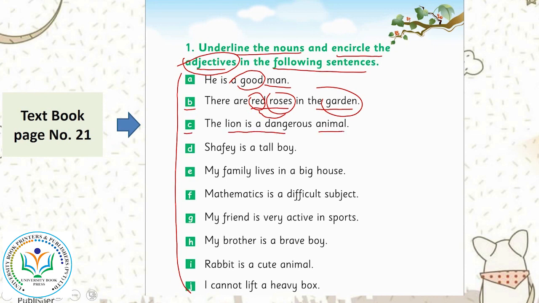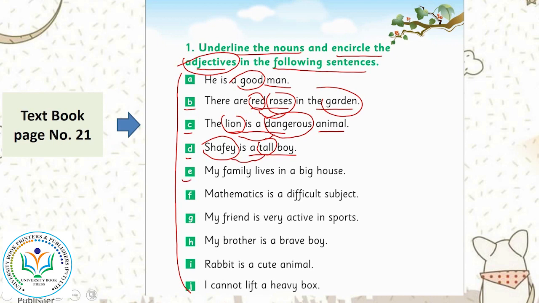Here, the lion is a noun and dangerous is an adjective, which is describing the lion. D, Shafi is a tall boy. Tall is an adjective and Shafi is a noun here. So tall here is describing Shafi.